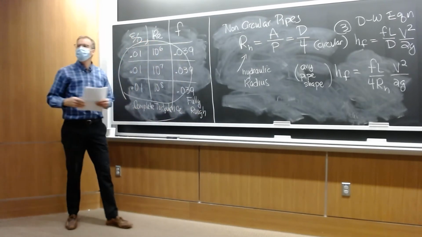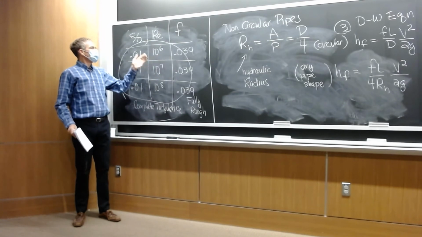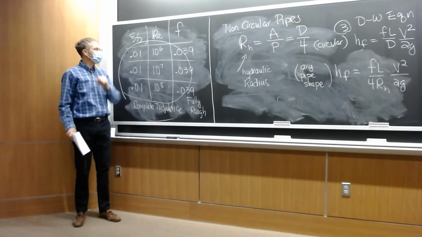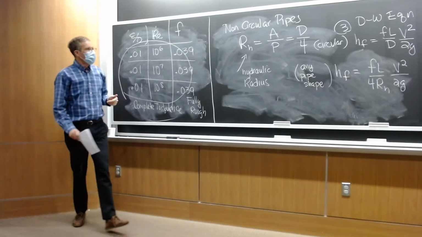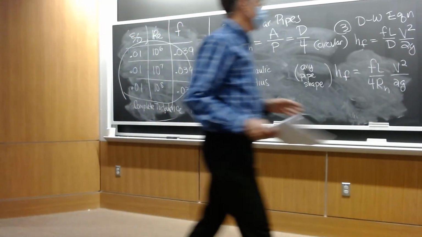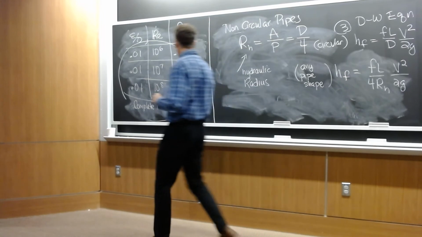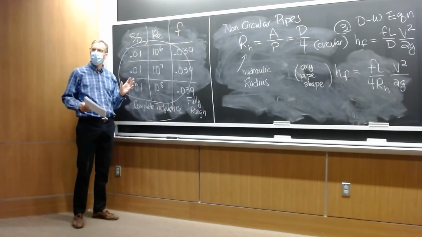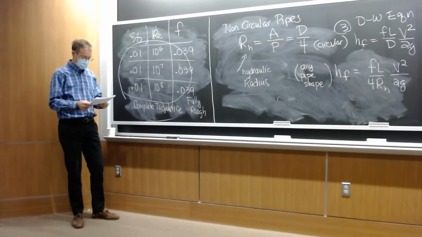That's the region where the friction factors don't depend on the Reynolds number anymore. They only depend on the relative roughness. So that's one possibility for the turbulent case. There are other cases where it depends on both the Reynolds number and the relative roughness, and we'll get to that.